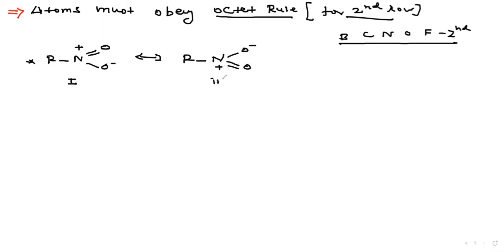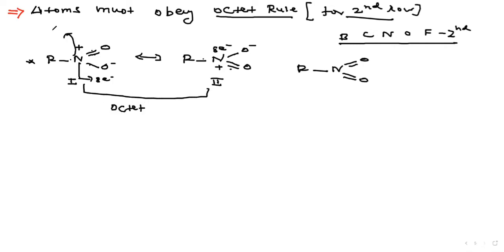Now, structure 3: R N double bond N double bond N. Now, how many electrons? 2, 4, 6, 8. It's around 8 electrons, right? Similarly, 2, 4, 6, 8. 8 electrons, right? They obey the octet.